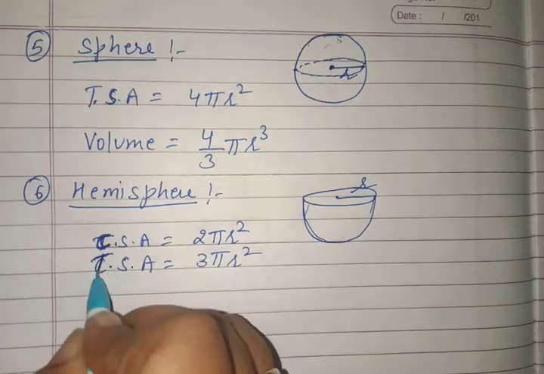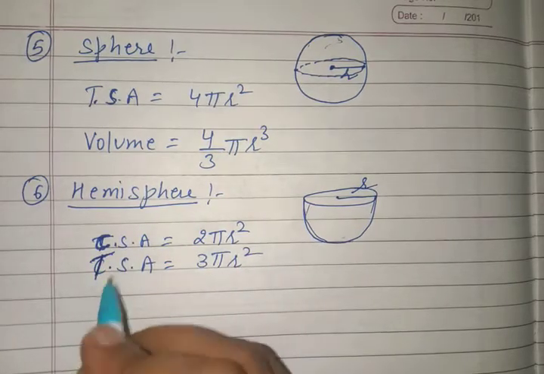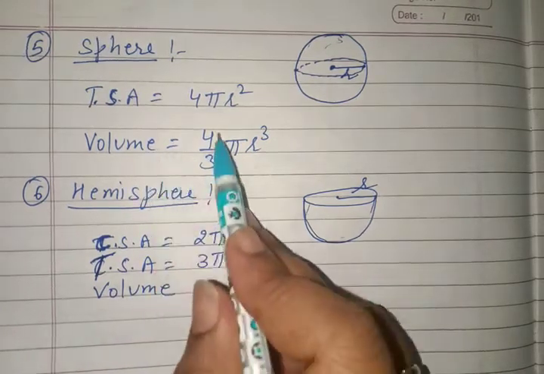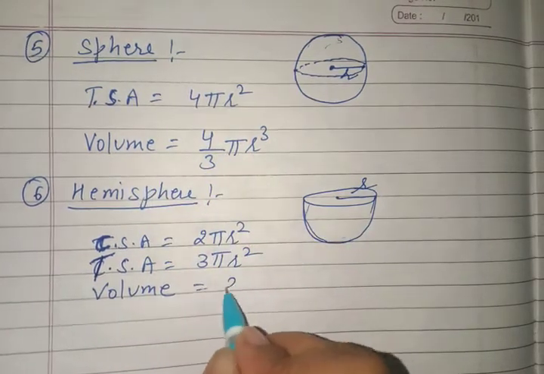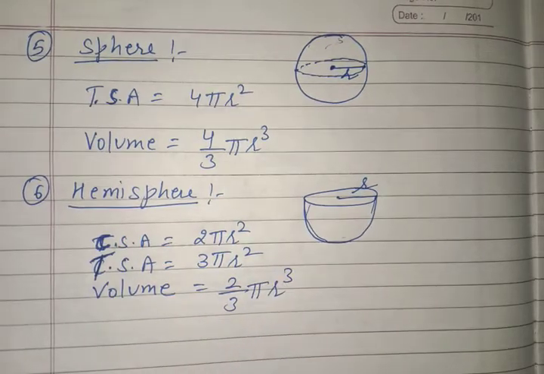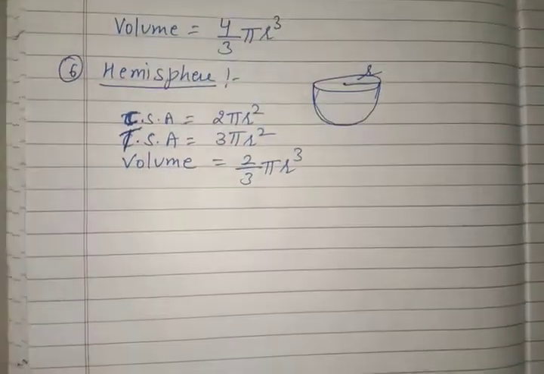Total surface area of hemisphere is 3 pi r square, and volume, obviously if volume of sphere is 4 by 3, its volume is 2 by 3 pi r cube. So this is all about hemisphere.